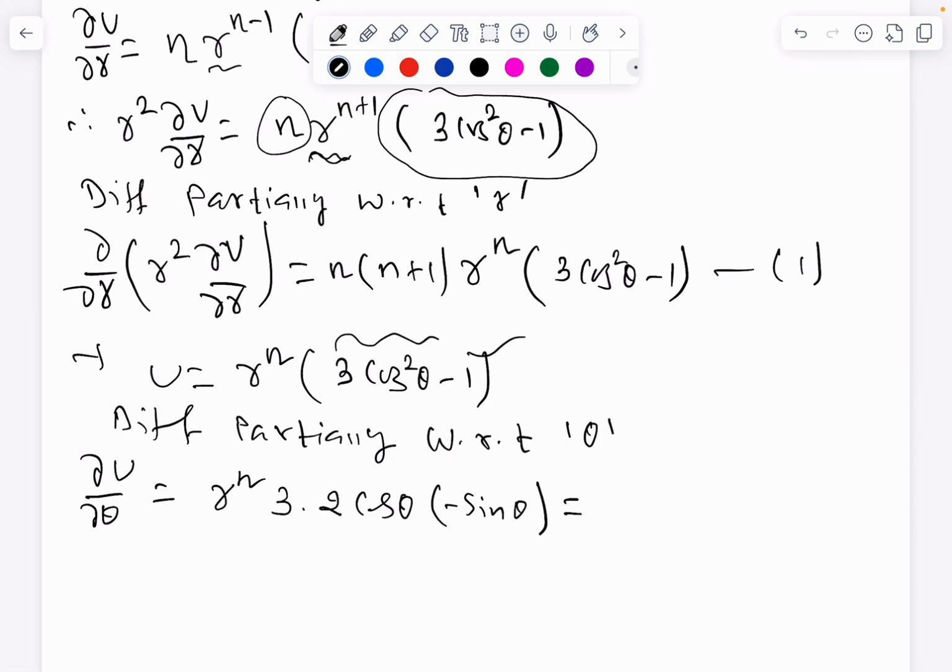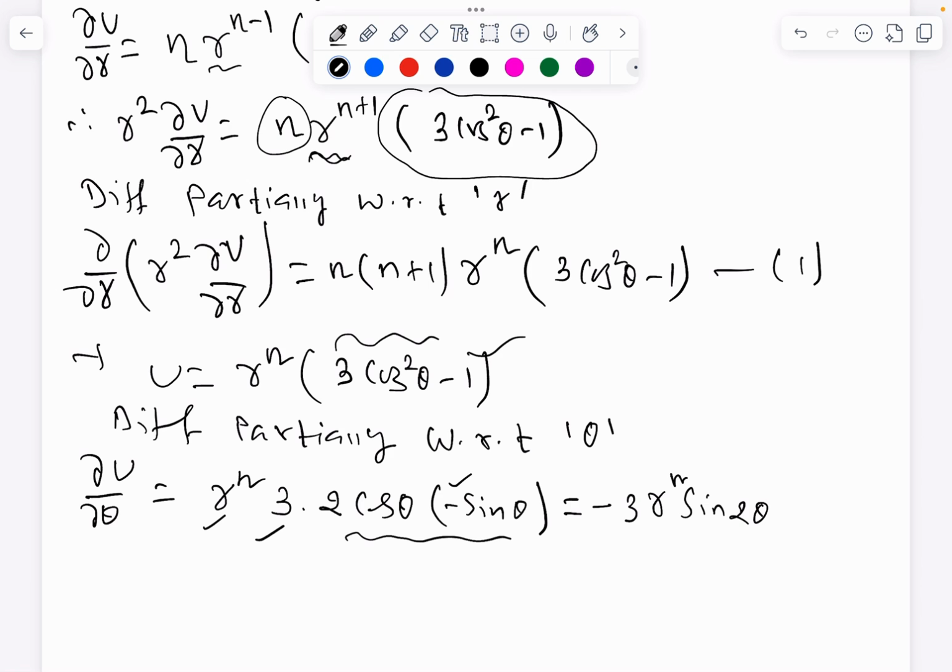So this is equal to, now see, this is 2 sine theta cosine theta, so that is sine 2 theta. This negative sign is there. 2 we have used, so this is 3 and r power n.